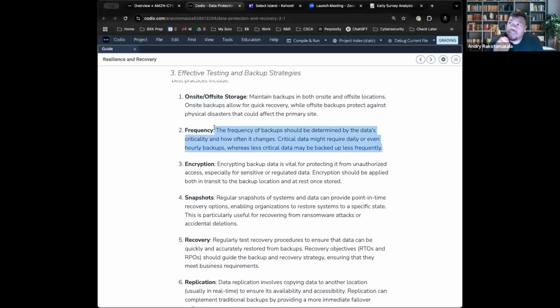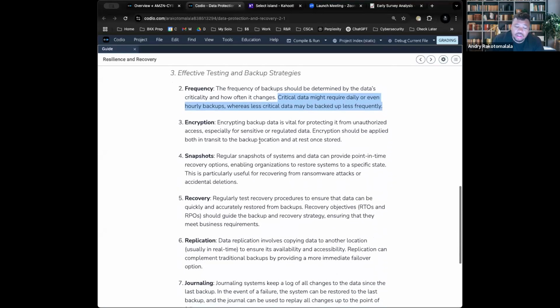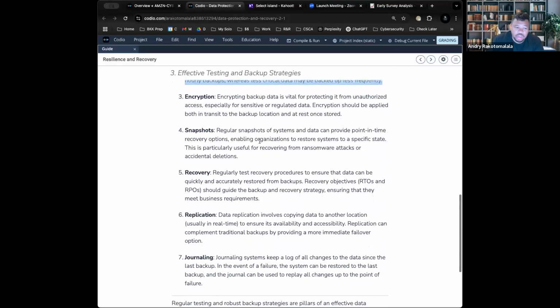If you are adhering to a specific security standard or compliance standard, then they will dictate and say, you need to back this up every day, every hour, what have you, especially when it comes to critical data. SOX, the Sarbanes-Oxley Act, does have strict rules on how frequently you have to back up your data. And this is a simple area that you and your team can decide on if you have a compliance standard you're trying to adhere to.